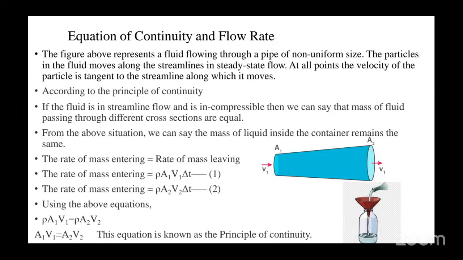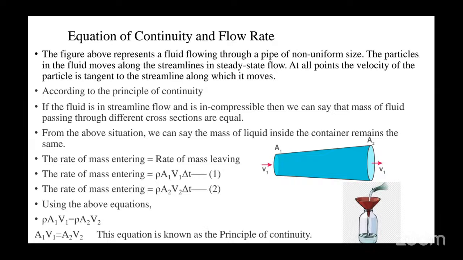So if we consider these 2 assumptions, we can say that the mass of fluid passing through different cross-sectional areas is equal. If the fluid flow is laminar and is incompressible, then the mass of the fluid as it passes from point A to point B will be equal.